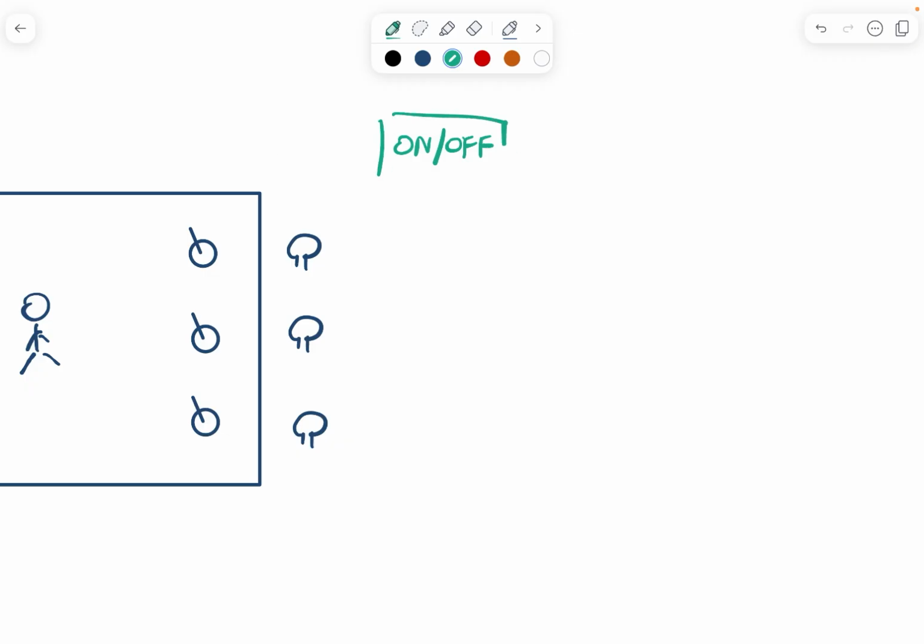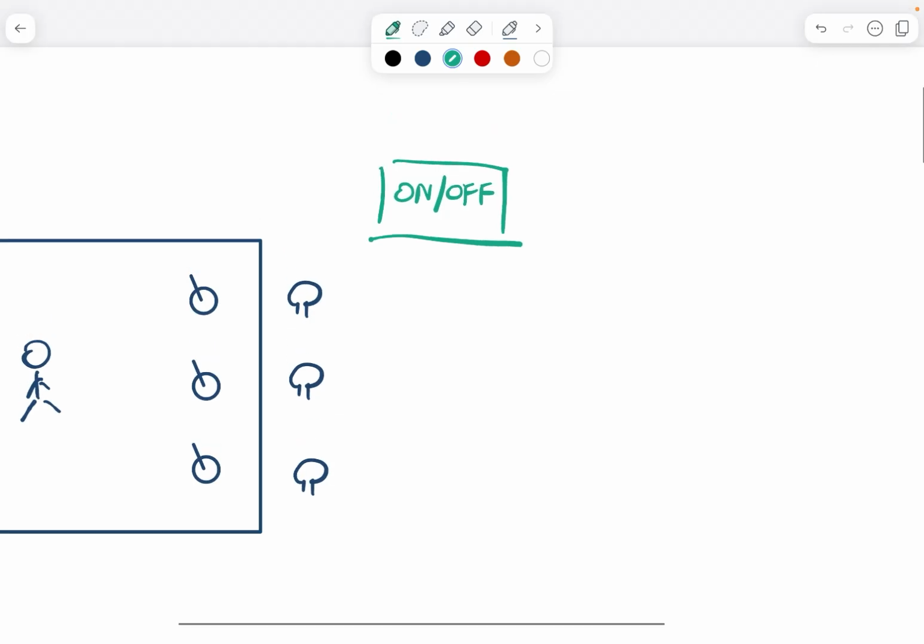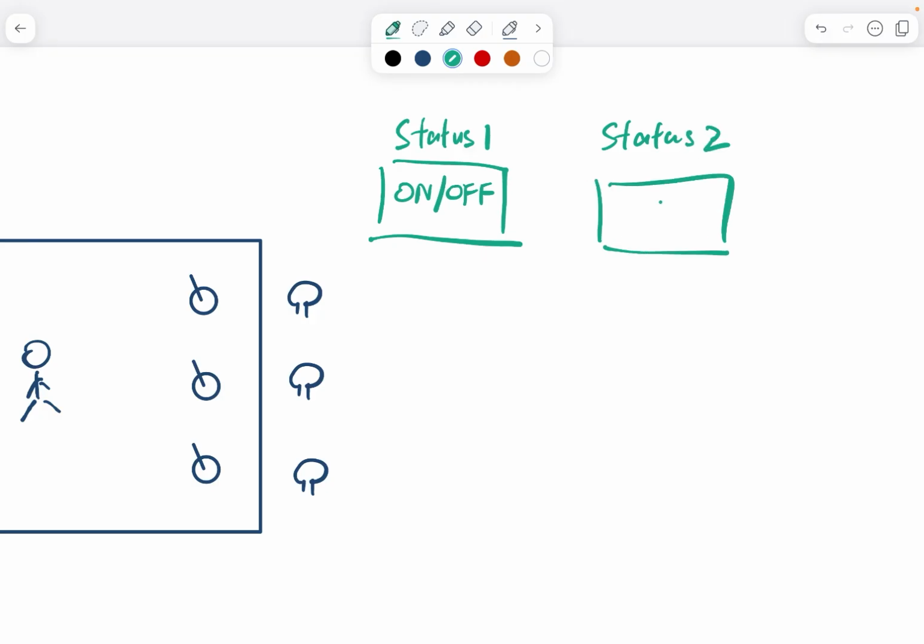So this is status 1, and now you have to have another status, which is called status 2. And what is that? You've got to be creating, or utilizing, another status in order to differentiate the 3 light bulbs at the same time, right?